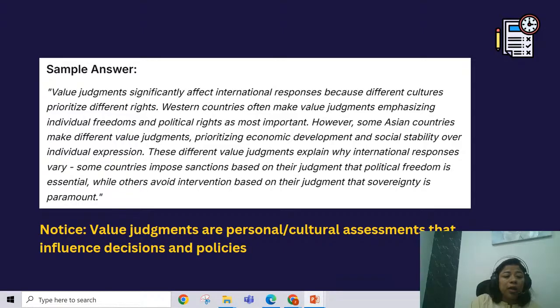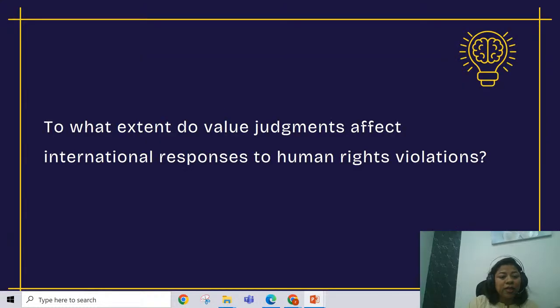Value judgment significantly affects international responses because different cultures prioritize different rights. What was the question? To what extent do value judgments affect international responses to human rights violation?